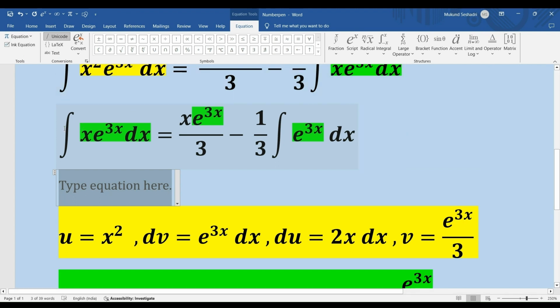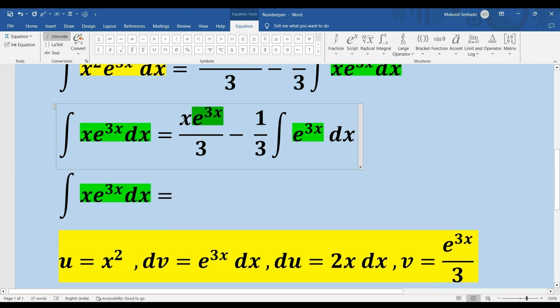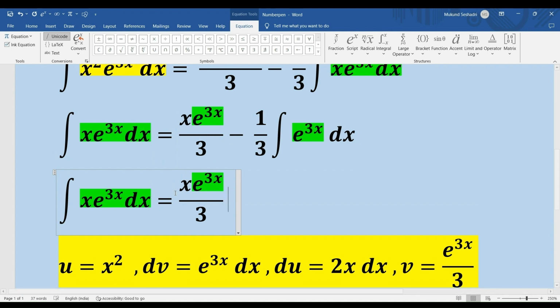So my integral of x into e to the power 3x dx equal to x into e to the power 3x by 3, which is my first part, minus of 1 by 3 times integral of e to the power 3x dx becomes e to the power 3x by 3, which is 1 by 9 times, because I already have a 1 by 3 outside, 1 by 9 times e to the power 3x, right?